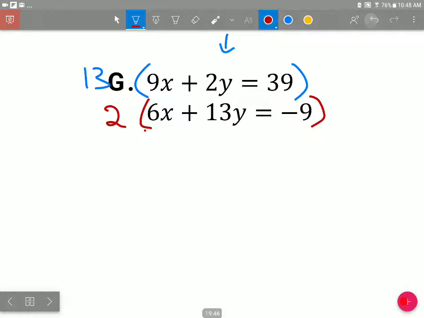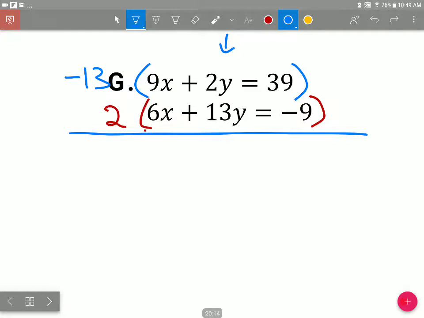So let's make, which one do you want to make negative? The first one or the second one? It doesn't matter. First one. So we'll make the first one a -13. Okay? At this point, I break out a calculator because I don't feel like multiplying by 13 in my head, especially 39. So what is negative 13 times 9? Is it 116?